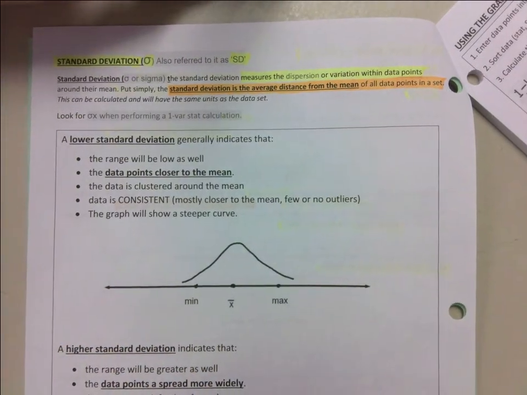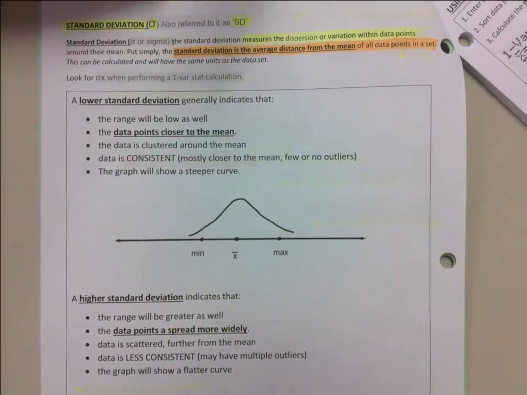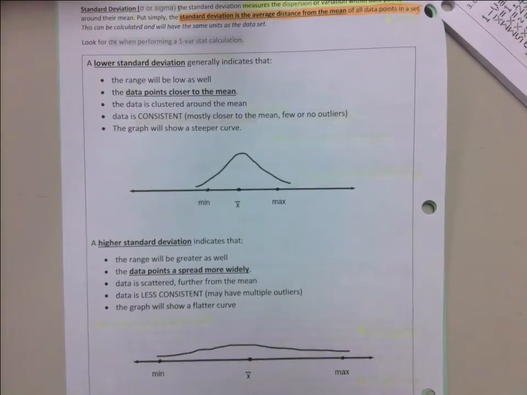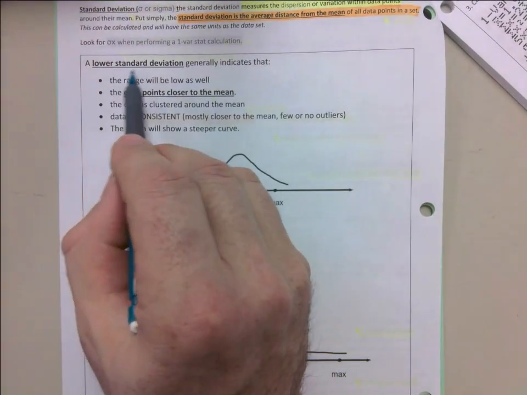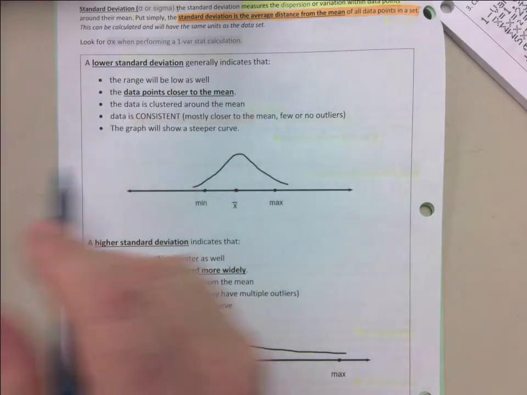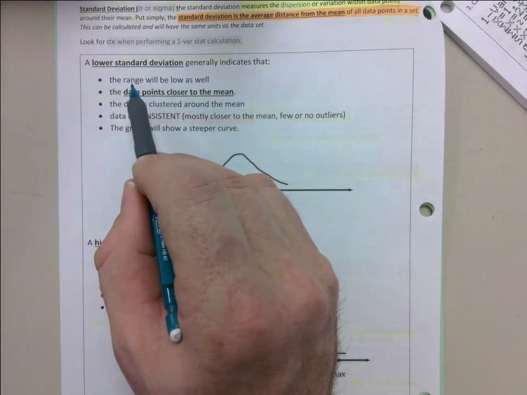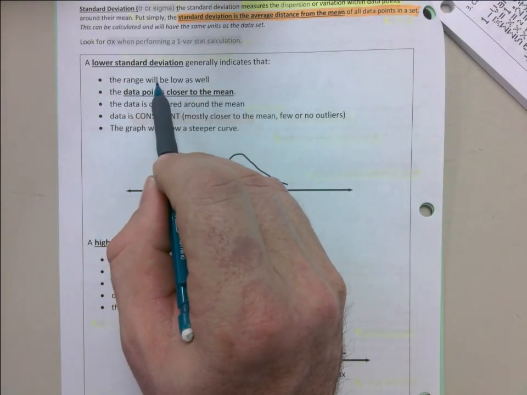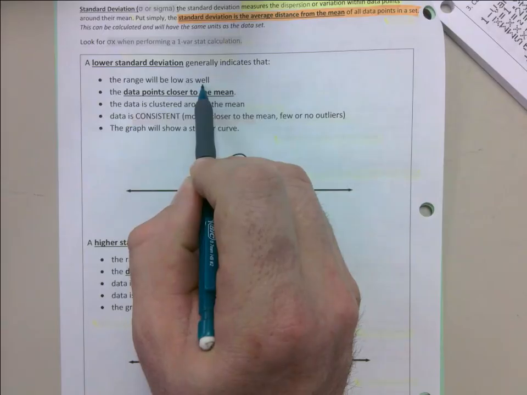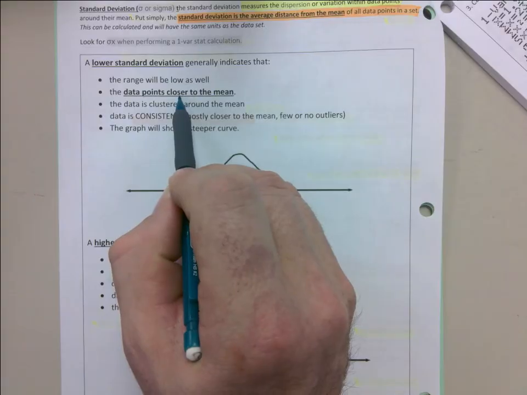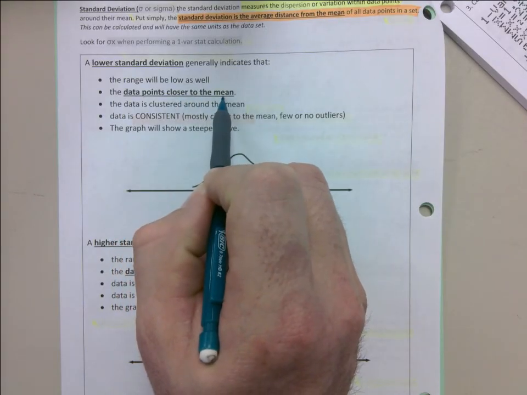So there are two cases that we're going to consider specifically. One case where you have a lower standard deviation. A lower standard deviation tells us all of these things. That the range will be low as well. That the data points are going to be, in general, closer to the mean.